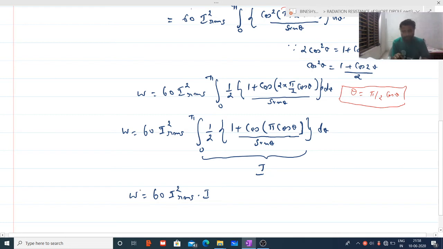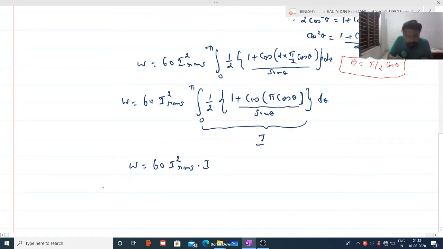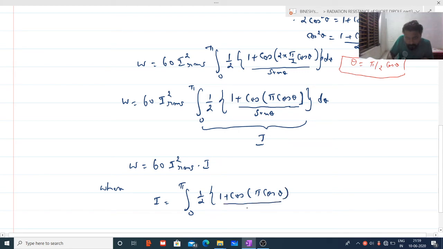So this I you can calculate, where I is nothing but the integral from 0 to pi of 1 by 2, 1 plus cos of pi cos theta, divided by sin theta, into d theta.